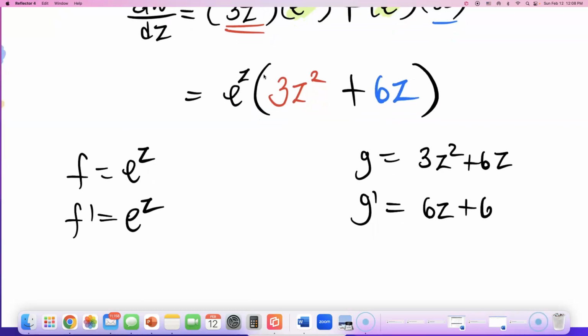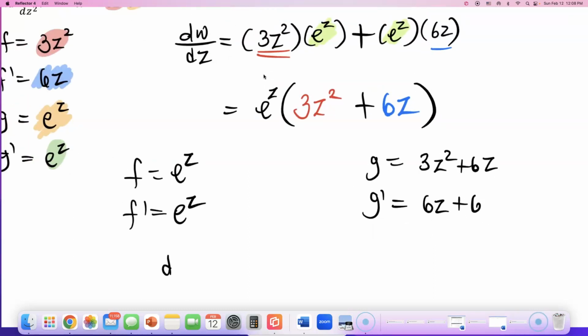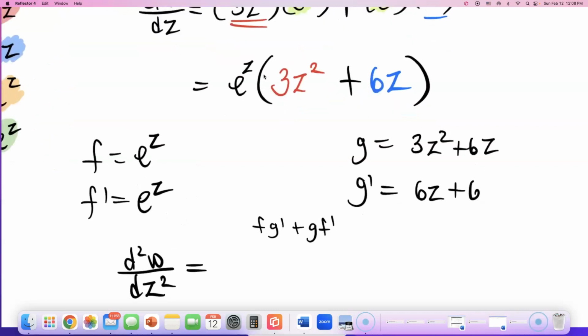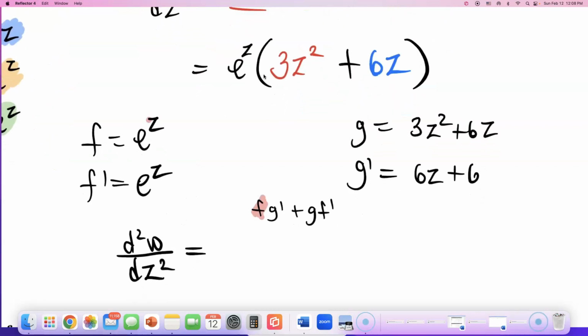All right, we're ready to do the second derivative. What is the second derivative of w with respect to z? We have to do the product rule again, right? First times the derivative of the second, plus second times the derivative of the first. So what's the first in this case? The first is e to the z.